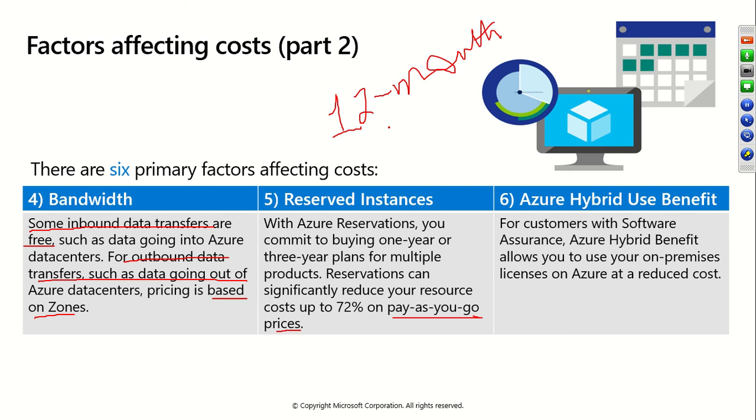If you reserve them for 1 year, Microsoft can give you up to 72% discount. If you reserve for up to 3 years, you can get 72%. Maybe if you reserve for 2 years, they can give you maybe 50%. So you can get a reduction if you know your workload and how long you need a particular infrastructure. As you do reservation, you get some discounts.